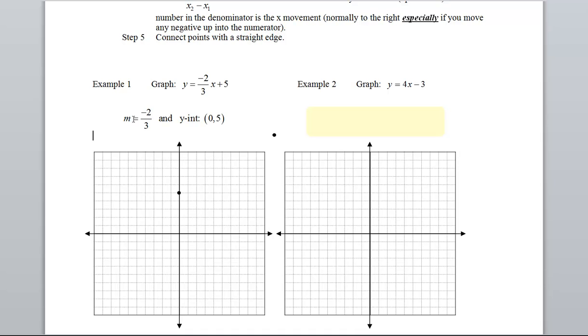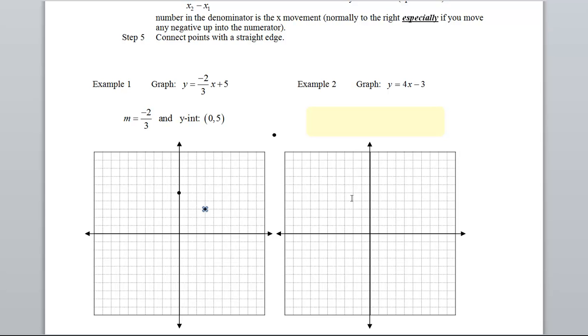Now from this point, we're going to use our slope. My y movement will be down 2, my x movement will be to my right 3. So down 1, 2, and to my right 1, 2, 3. That's not bad. See how quick it is?